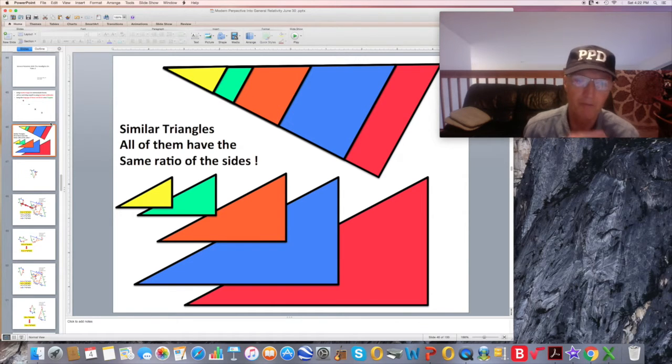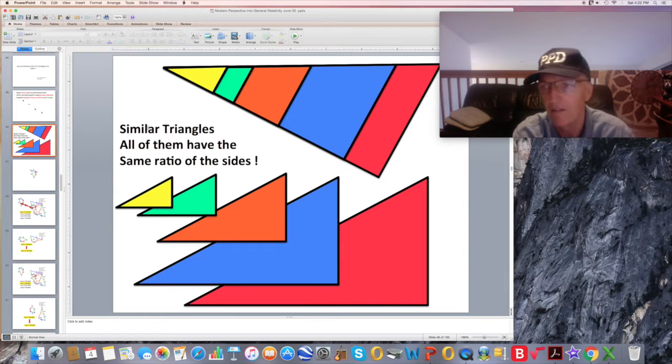So I'm going to introduce the tools to approach this as I did last time, but a reminder: similar triangles. We're going to be using similar triangles. A similar triangle is a series of triangles that have a right angle, or what I like to call a quarter full turn.